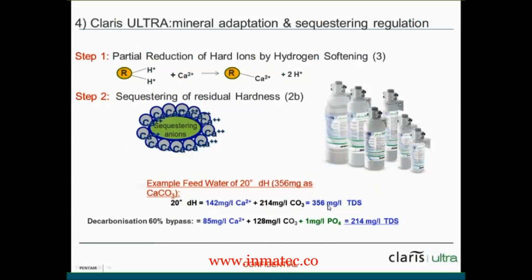We have 356 milligrams of TDS. And we go through the bypass setting. We've reduced it from 142 to 85, from 214 to 128. With 1 milligram per liter of phosphate, we've dropped that TDS down to 214, well within a coffee spec and our hardness specs for those applications.